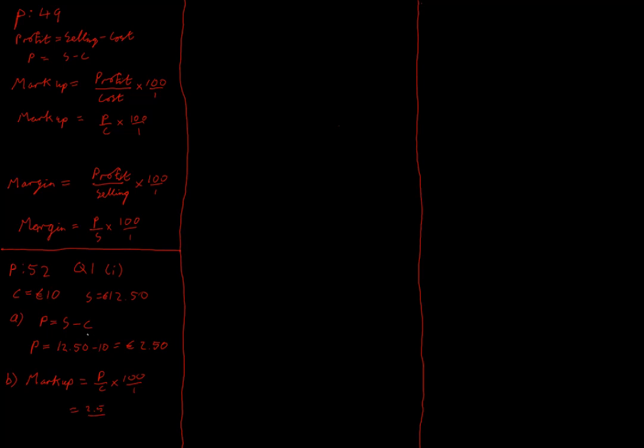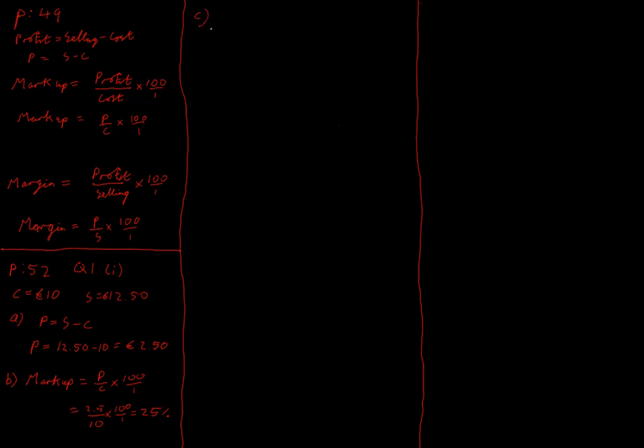Our cost price is €10 multiplied by 100 over 1. We get that we have a markup of 25%. When we put this in the calculator, we get 25% is our markup, and that could also be called percentage profit.